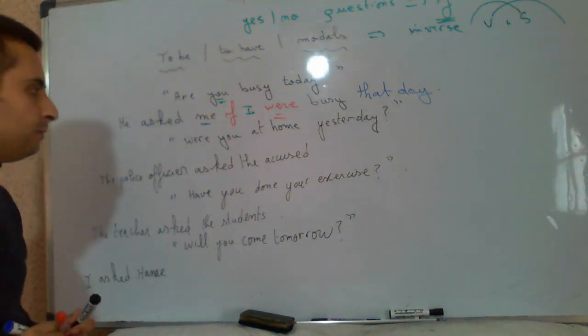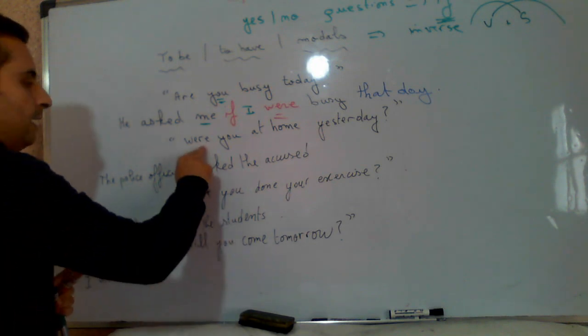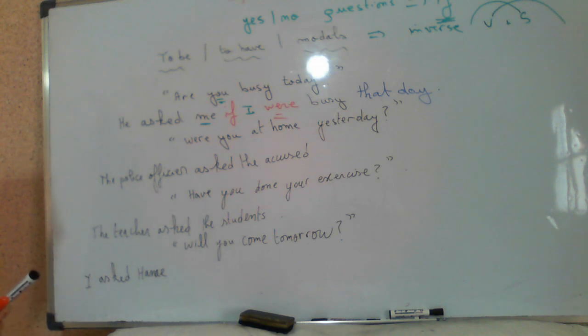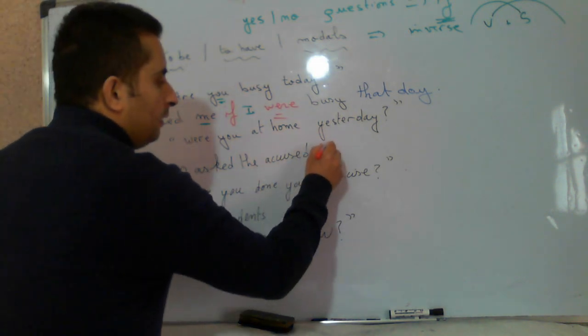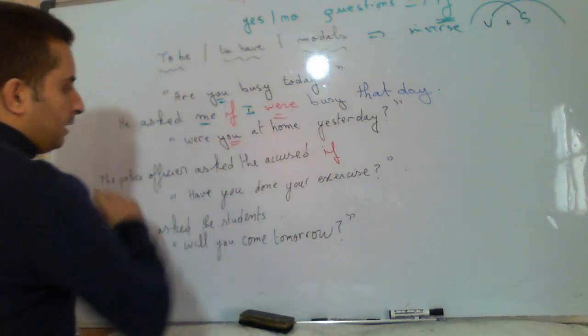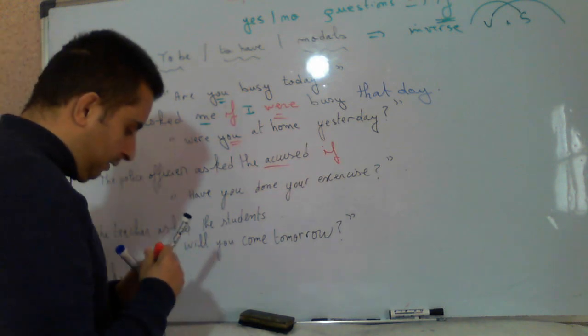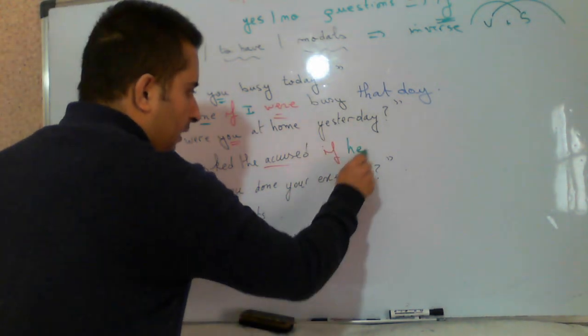Were you at home yesterday? Verb to be and subject, we inverse. The police officer asked the accused if, so we start by the subject. You refers to the accused, it can be he or she, he.